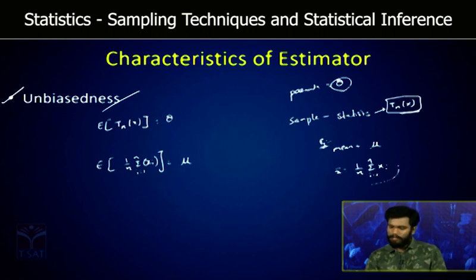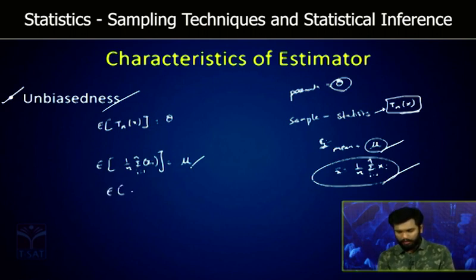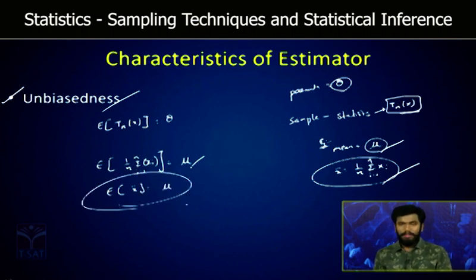So this is an unbiased estimator for estimating the population parameter mu. There is a small derivation, but we don't need the derivation, just remember this statement: expectation of x bar is equal to mu. Sample mean is an unbiased estimator for the population mean.